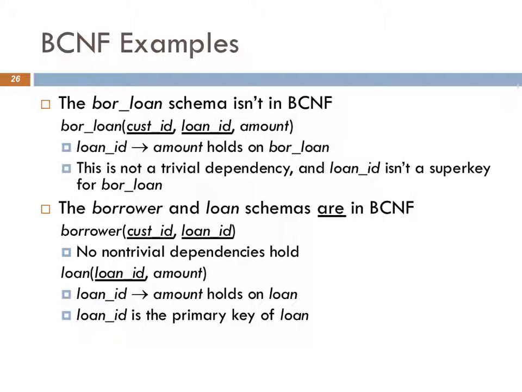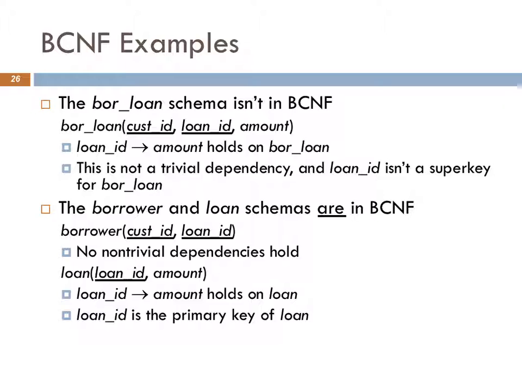So that's cool. Go us. And then if you have loan ID and amount, yes, there's a non-trivial functional dependency that holds on that: loan ID functionally determines amount, but loan ID is also the primary key of that schema, so we're good. It's in Boyce-Codd normal form. All right, any questions? You will have to do this, so if you have any questions, definitely a good time to ask.